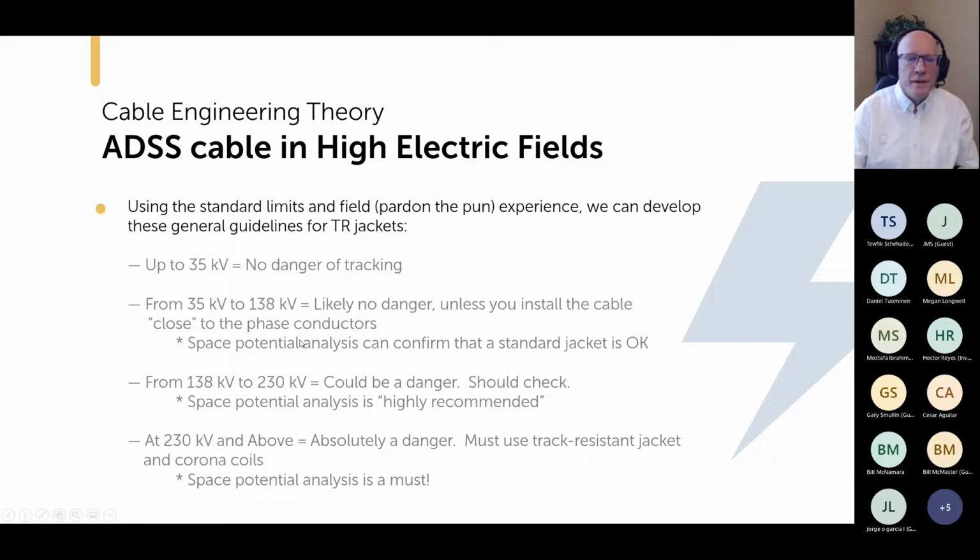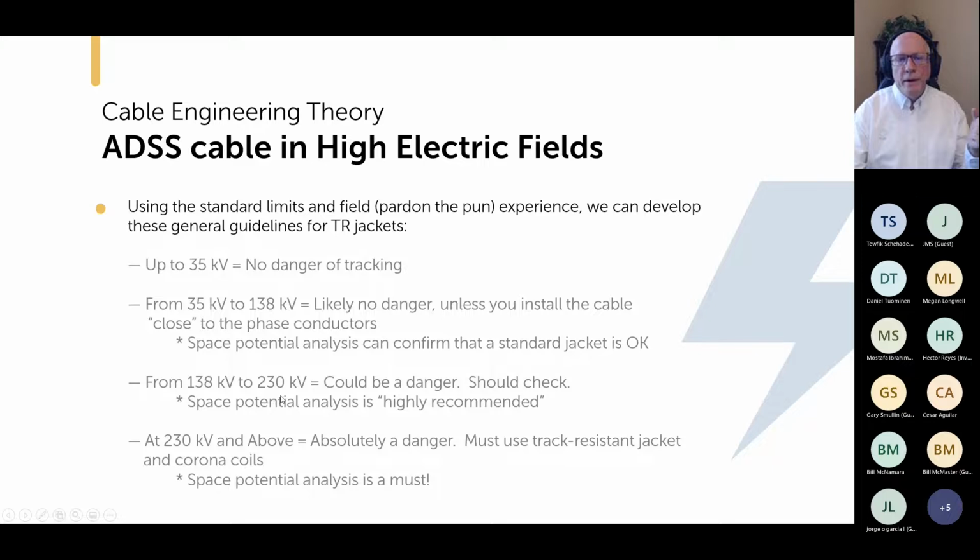And not realizing there was more to it. Basically, as a guideline, if you use your standard insulator clearance limits, so if your insulator is 3 feet, for example, and make sure your ADSS is 3 feet away, you're not going to have a problem. But you could certainly use space potential analysis to confirm that a standard jacket is okay on a 115 kV line, a 138 kV line, or whatever in this general range.